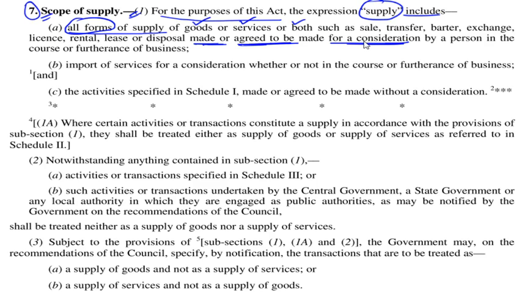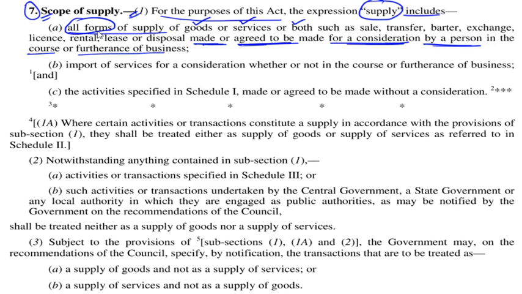Consideration can be in monetary terms or it may be in kind, by a person in the course or furtherance of business, in the normal course of business, or for the furtherance of business, for promoting the business.